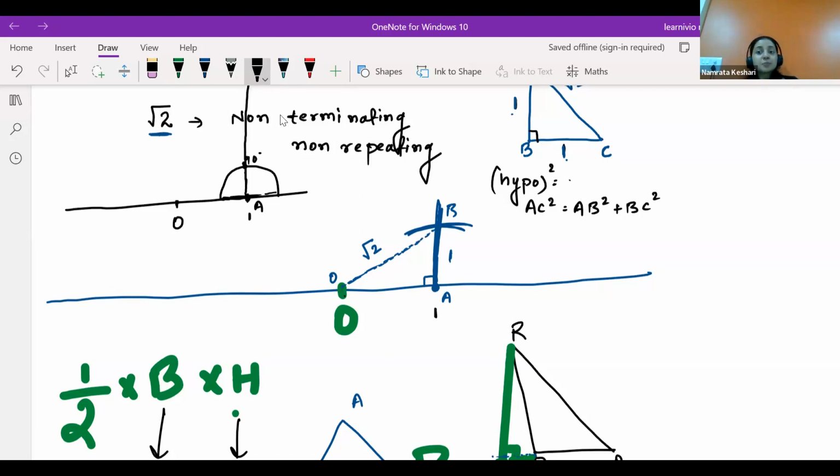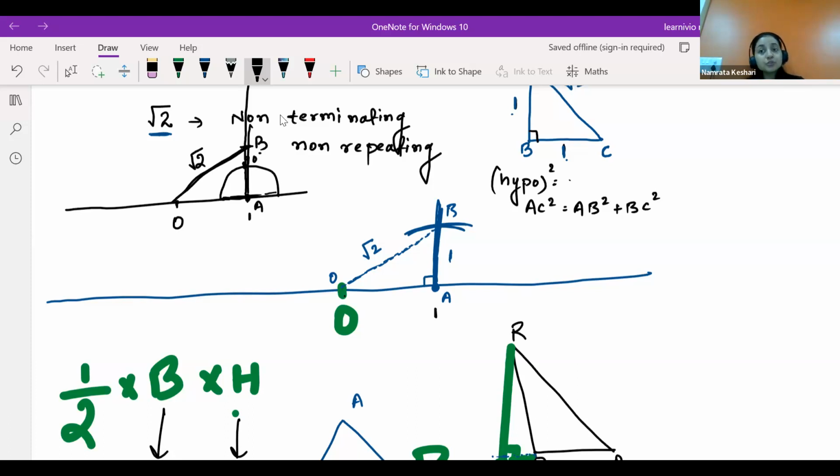But we don't need this big line, we just need 1 centimeter. So with the help of your compass or your scale you can mark 1 centimeter, that is point B, and from B to O you can join, and that is exactly root 2 units. Getting it?